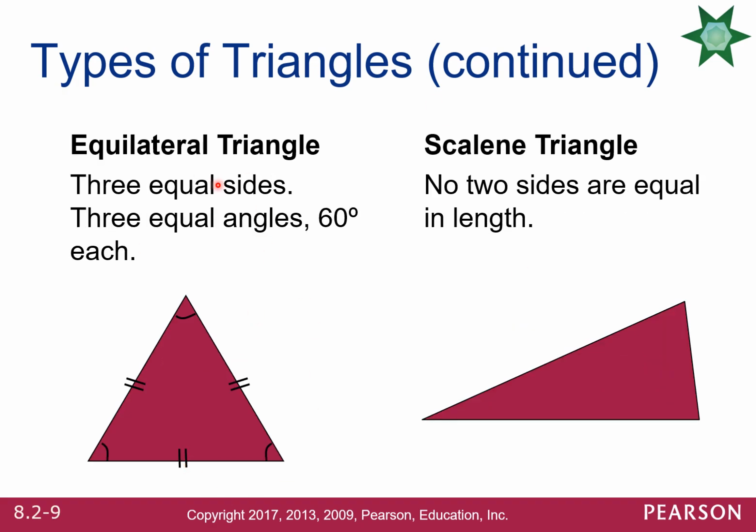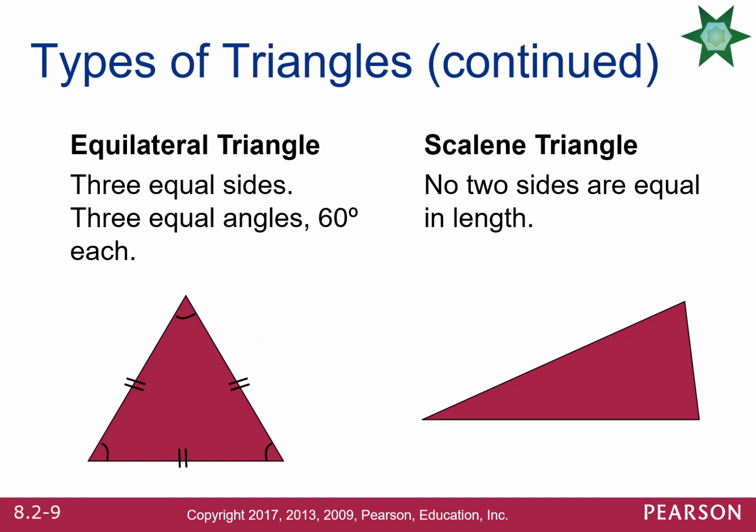Then we have the equilateral triangle. That's a triangle where all the three sides are equal to each other, and therefore all three angles are equal to each other. So a triangle has 180 degrees, right?